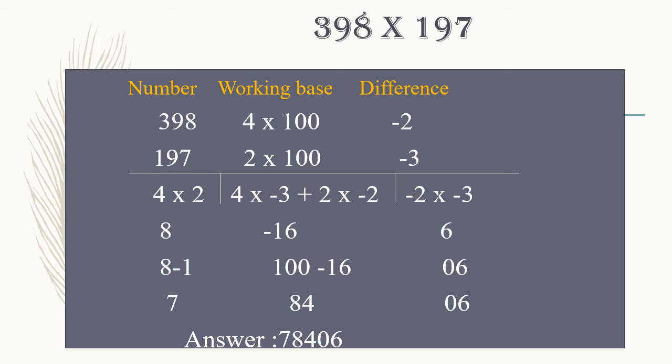Our base is 100, so we need to subtract 16 from 100. So 100 minus 16 is equal to 84, and since we have subtracted it from 100, for 8 we have to subtract 1, so 8 becomes 7. The complete answer would be 78406.